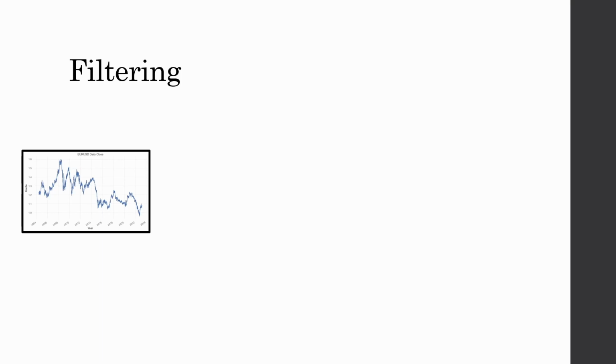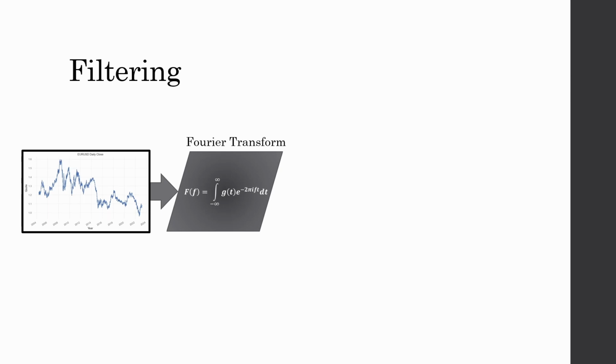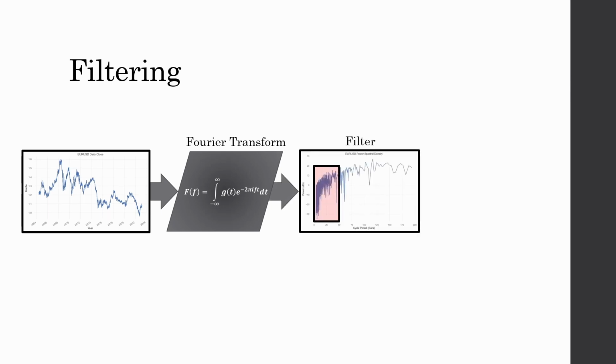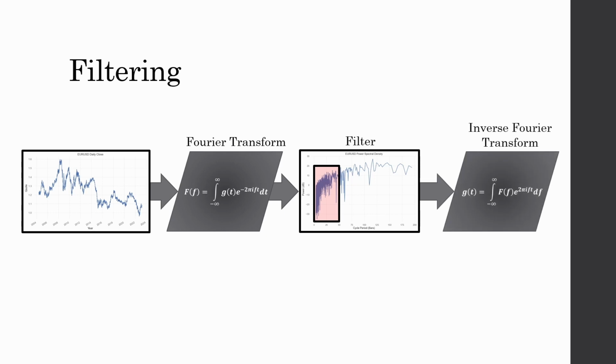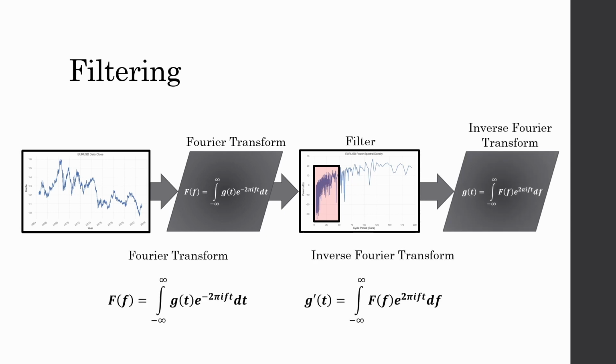So in general, the process of filtering is we take our time domain price series and we apply the Fourier transform to it, and then we filter the frequency domain, removing some of the components that we don't want. And then we're going to do the inverse Fourier transform. The inverse Fourier transform is pretty similar to the Fourier transform, but you'll notice some key differences.